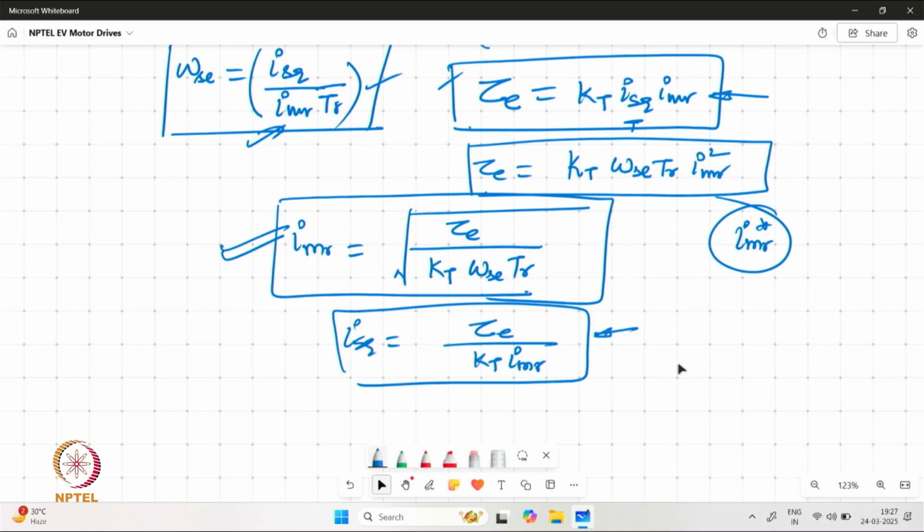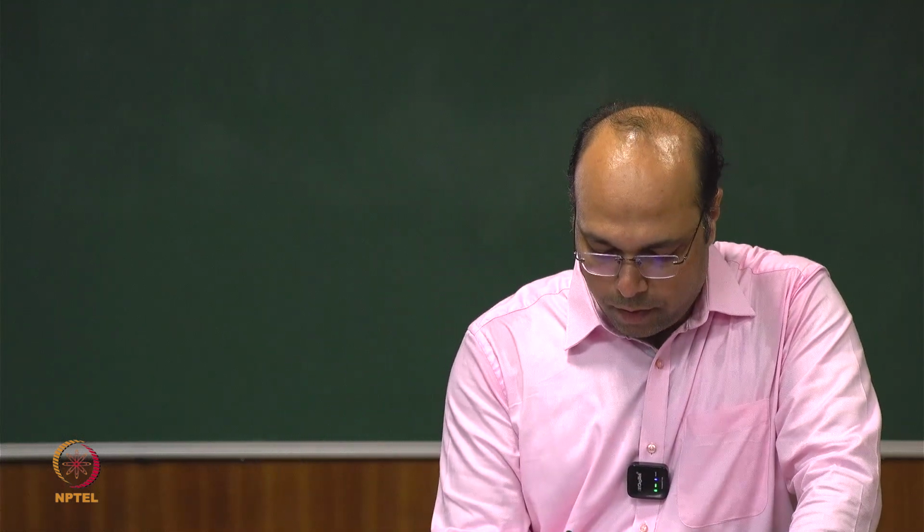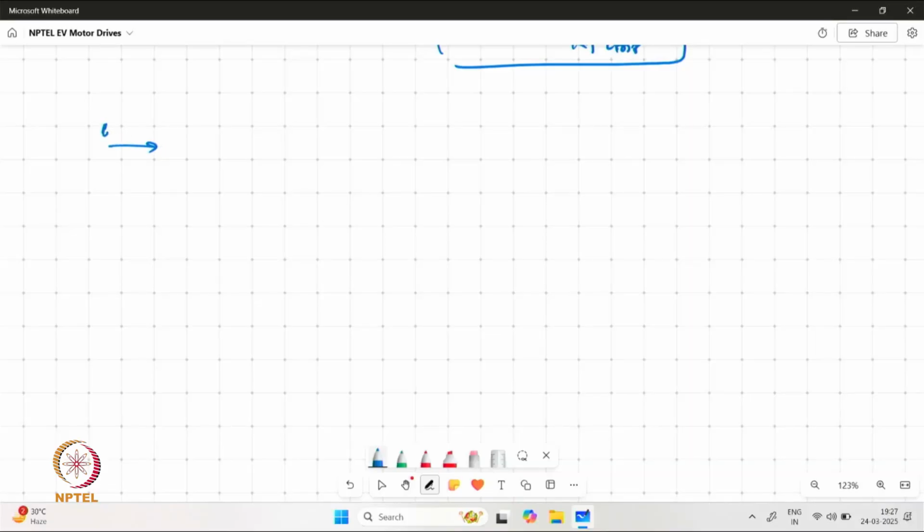So if we are trying to put a cap on the ISD reference generated by IMR, we can follow the rated value.